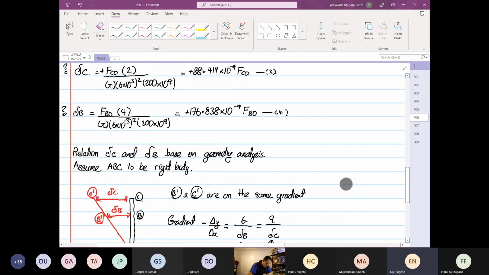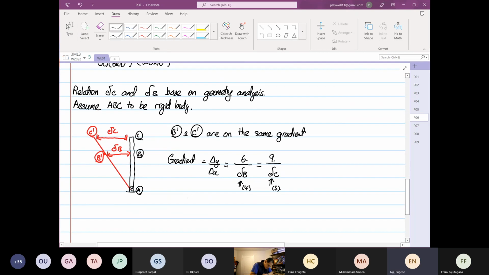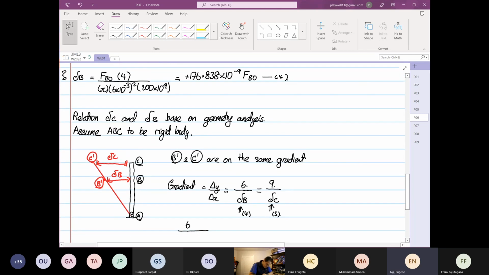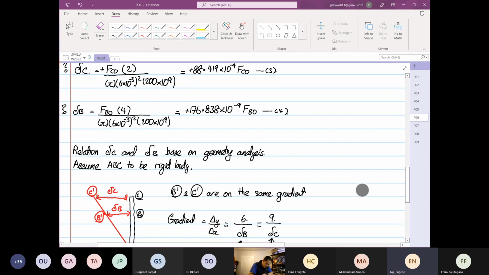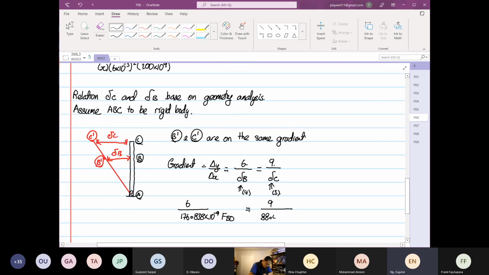So I'm going to put everything in now. 6 over deflection of B is equal to 176.838 times 10 to the power minus 9 FB naught, and this will be equal to 9 over deflection of C, which is 88.419 times 10 to the power minus 9 FC naught.